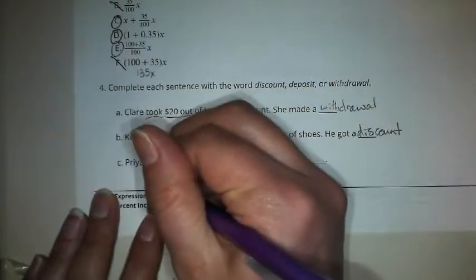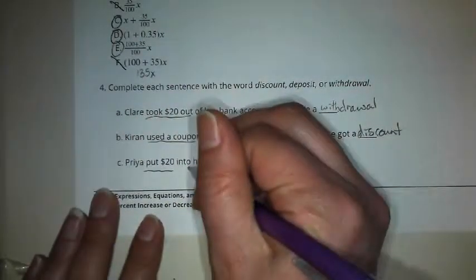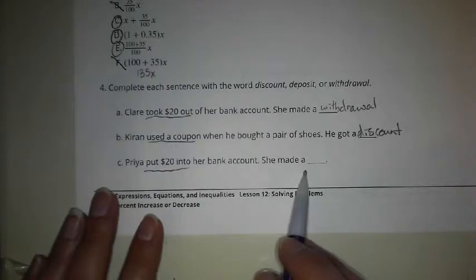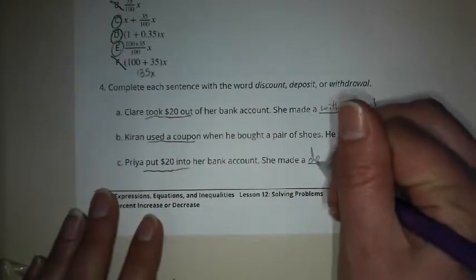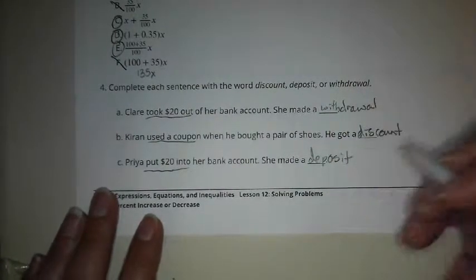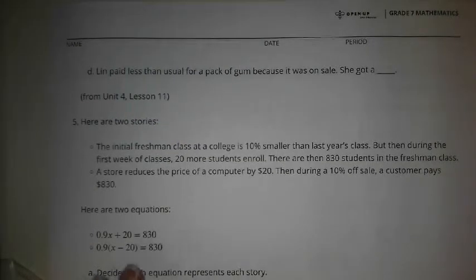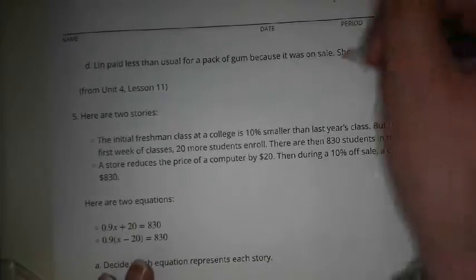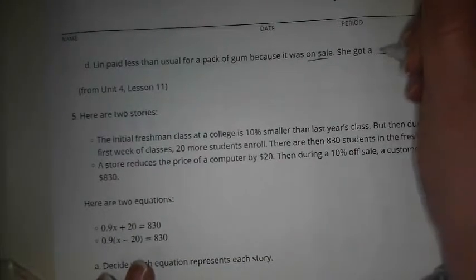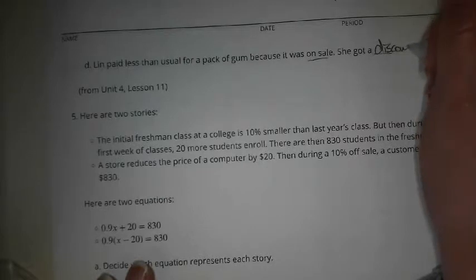Priya put $20 into her bank account. She made a deposit. Lynn paid less than usual for a pack of gum because it was on sale. She got a discount.